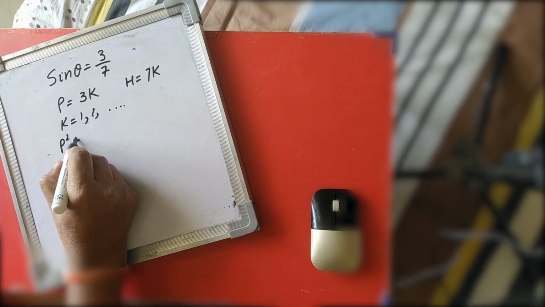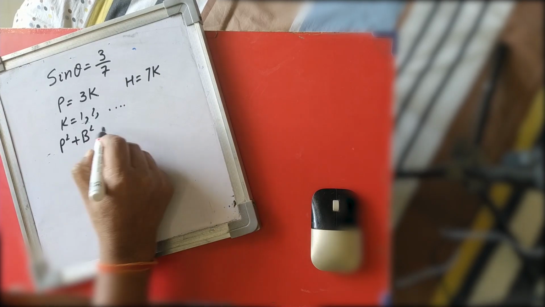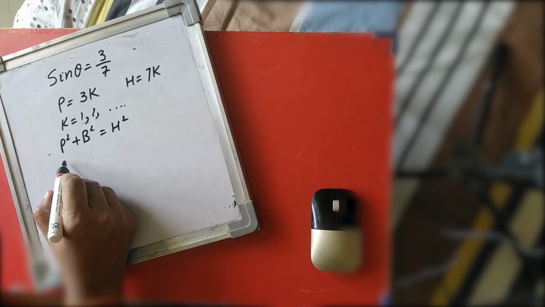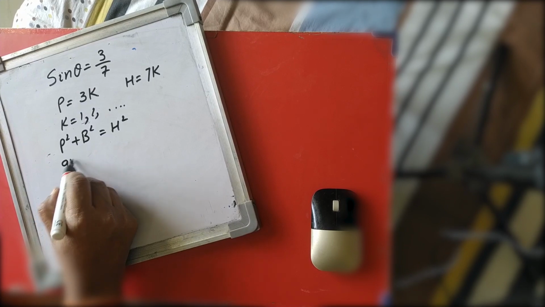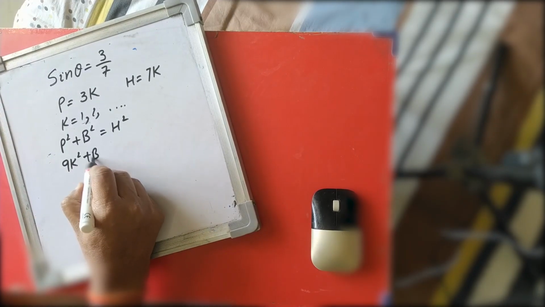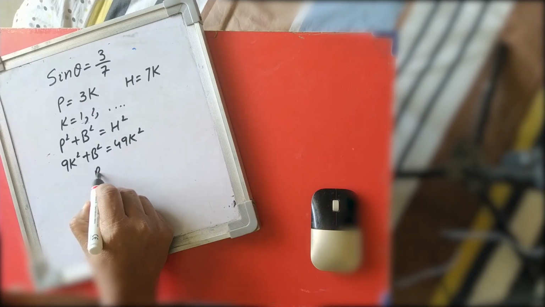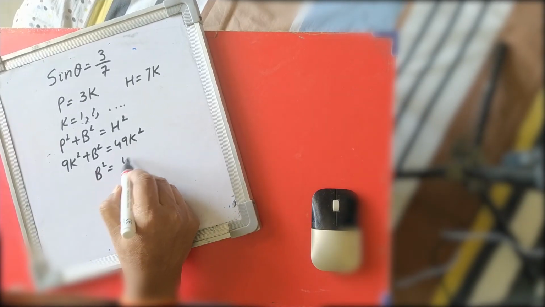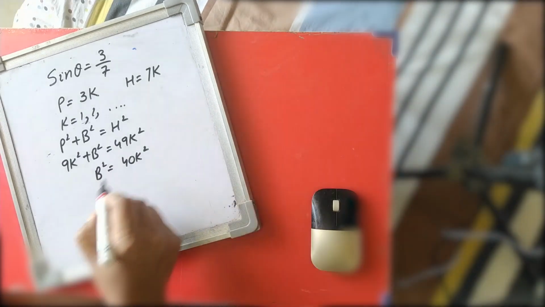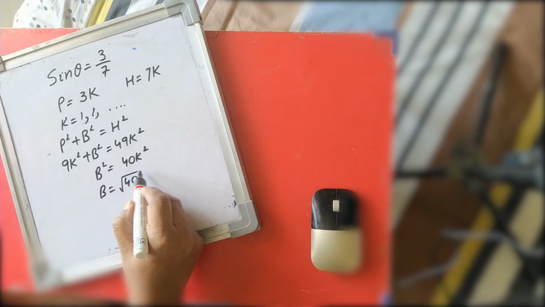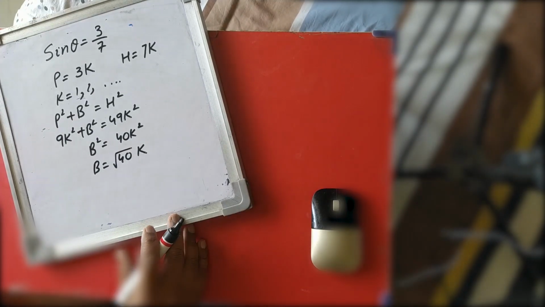And since p square plus b square is equal to h square, this relationship helps us to find base. So here 9k square plus b square is equal to 49k square, gives me b square is equal to 40k square, or b is equal to root 40 k.